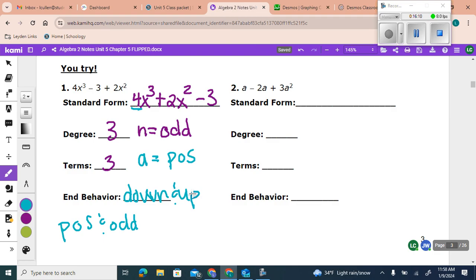Try 2. Go ahead. So, what is my highest degree here? What is it? 2. I put 3a squared first. My highest degree is 2, which means n is even.